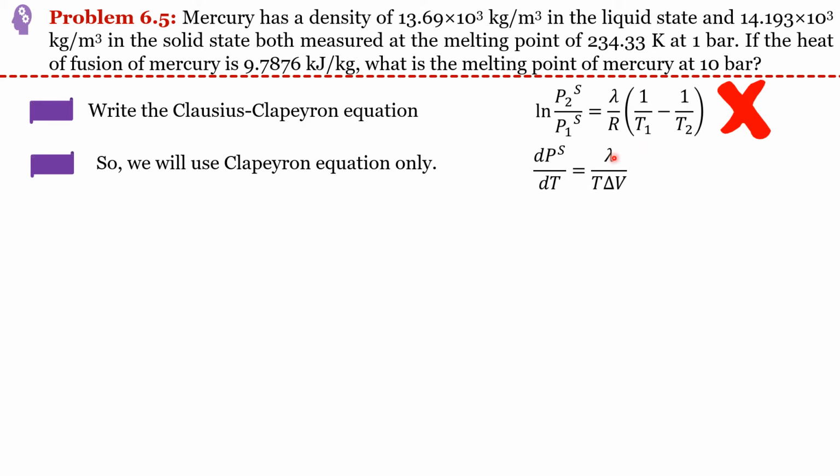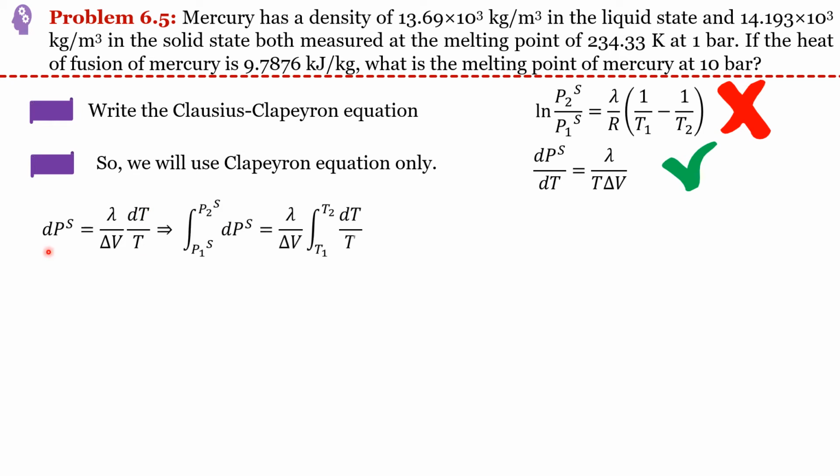The value of lambda is in joule per mole, and delta V is the molar volume. Please remember this. Now we will do some rearrangement. After rearranging, dT goes to the right-hand side, so we can write dP saturated equals lambda divided by delta V times dT by T.